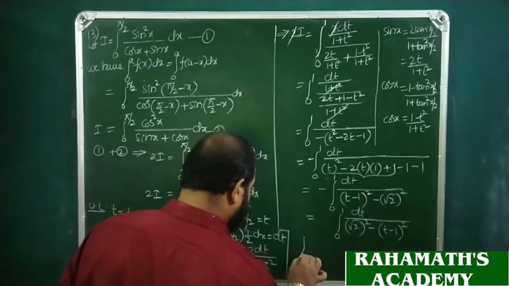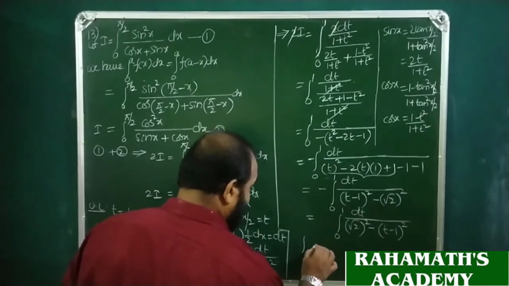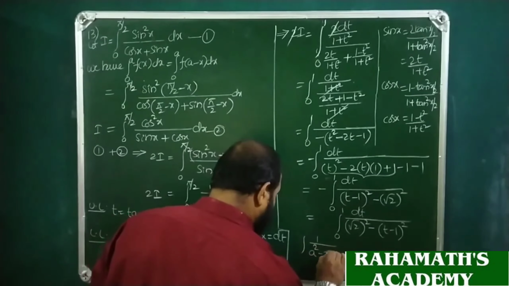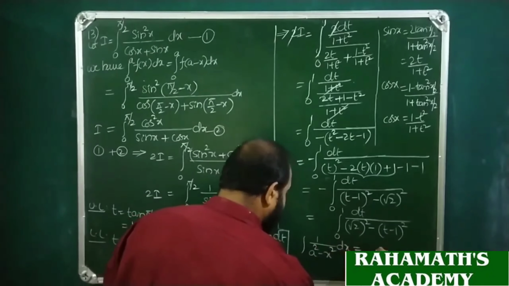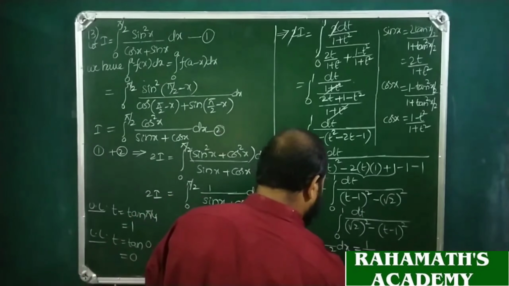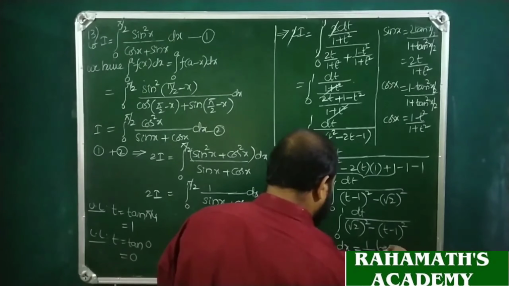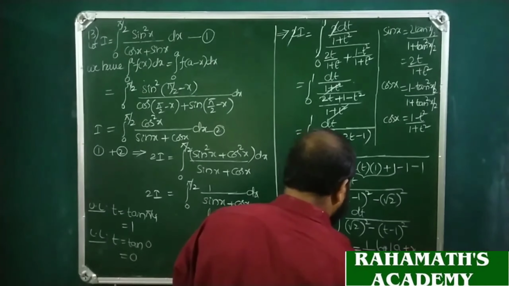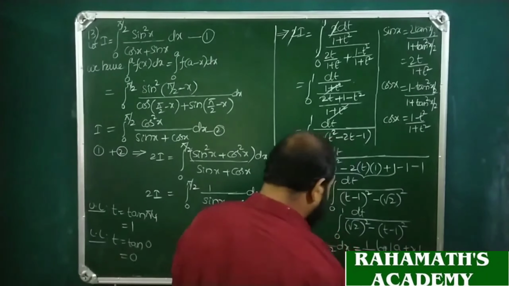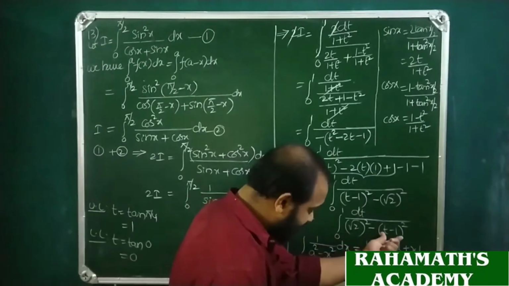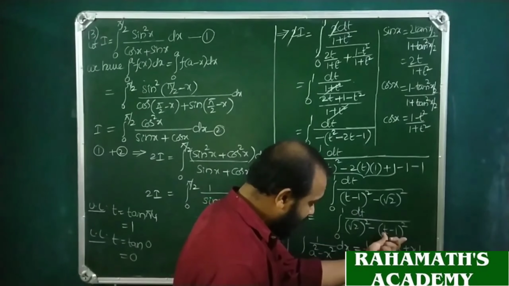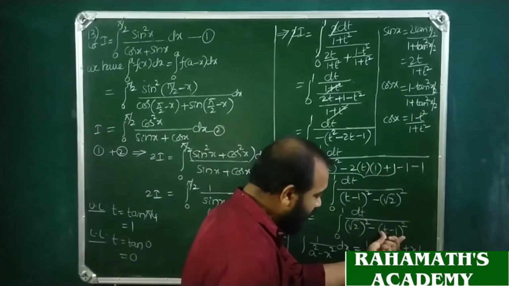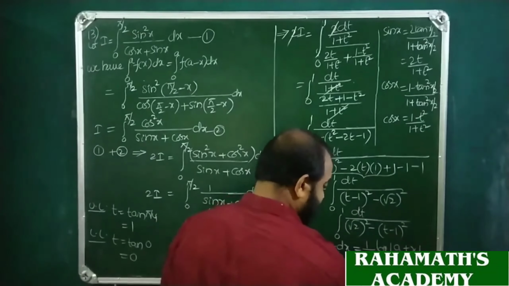So we know what is integral 1 by a square minus x square dx. It is 1 by 2a log of a plus x by a minus x. So this is a, and this t, since it is the variable of integration, is to be taken as x.